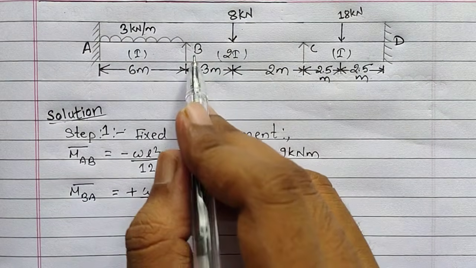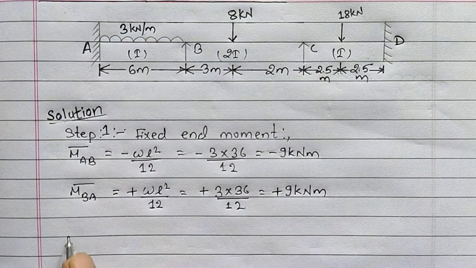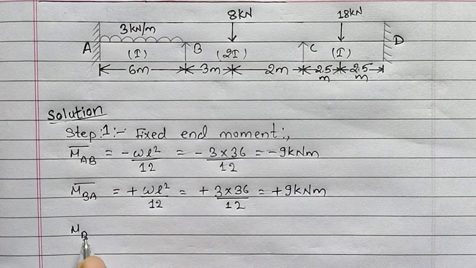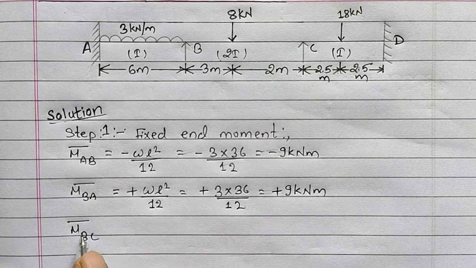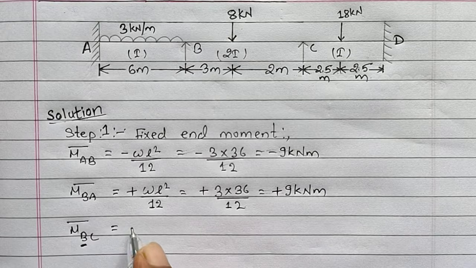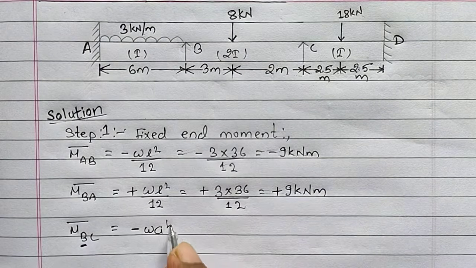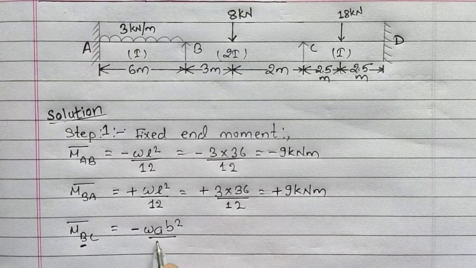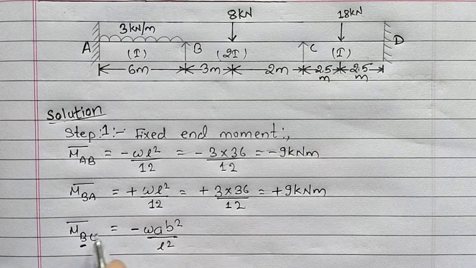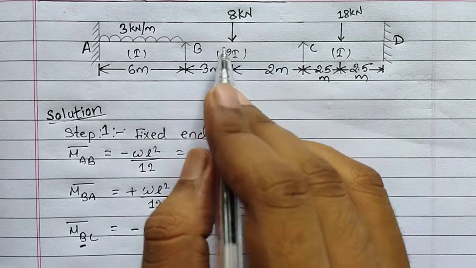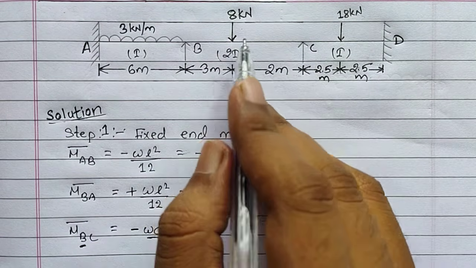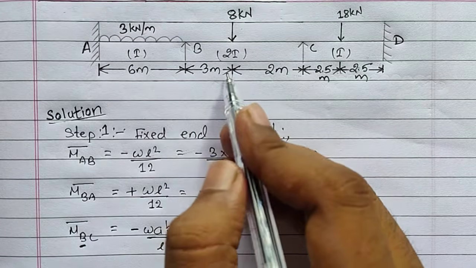Now time to calculate the fixed end moment of span BC. So we will write it down here. MBC, this is the fixed end moment at joint B. So MBC equals to minus W A B square upon L square. This is the formula to calculate the fixed end moment when our span is asymmetrically loaded or the load is away from the center.